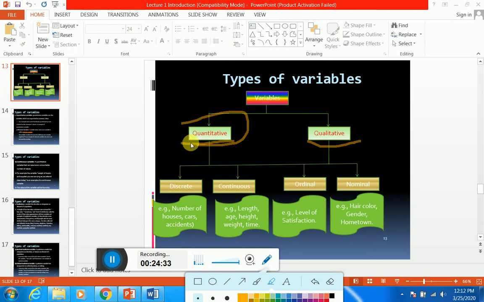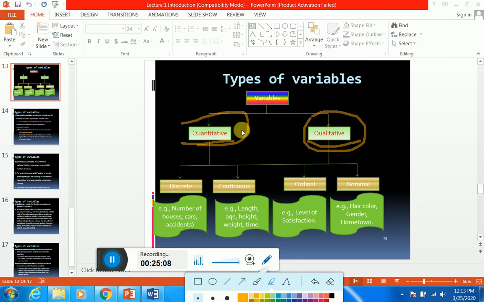Quantitative variables are those variables which can be expressed in terms of numbers, which we can calculate and write down in the form of numbers. On the other hand, look at qualitative: quality. The variables which we cannot express in number terms, but can express in quality terms, are known as qualitative variables.